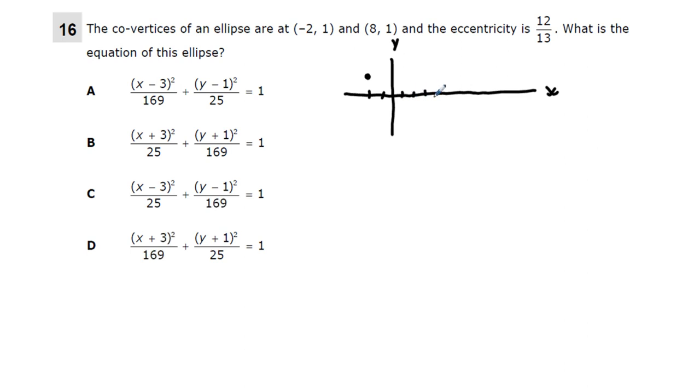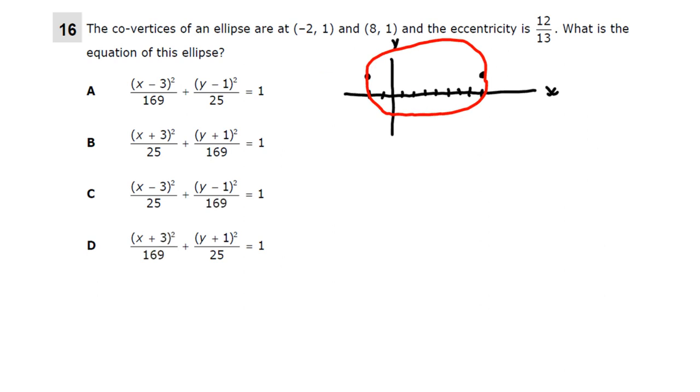So our ellipse is going to look like this, somewhat. And we know that it's going to be a horizontally oriented ellipse.